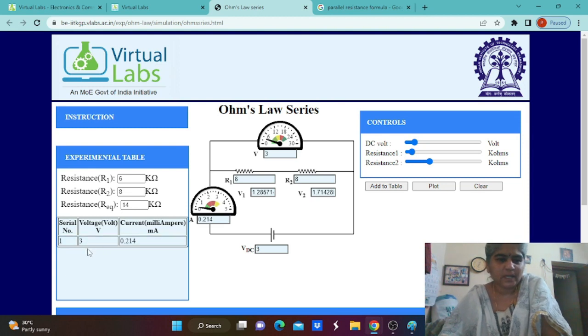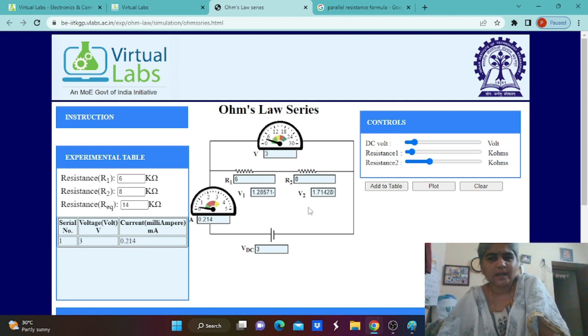The voltage we have applied, the DC voltage VDC, is equal to 3 volt. According to that, the current value is 0.214 milliamps. This can be calculated with the help of V equal to I into R, Ohm's law. Now we can plot this.